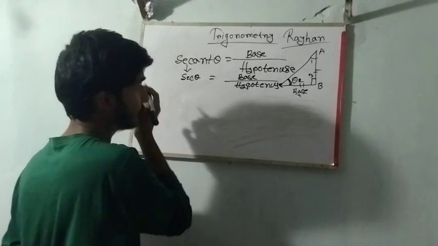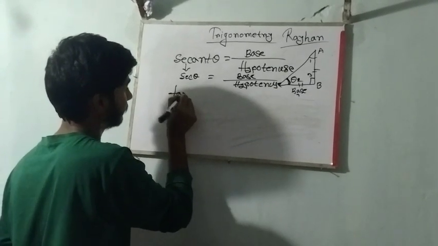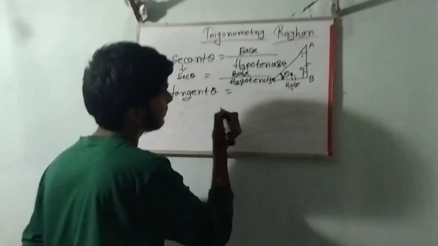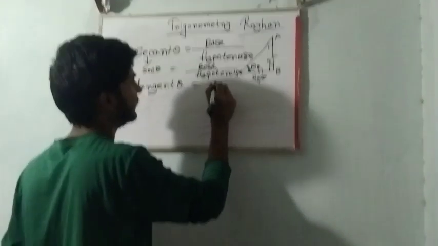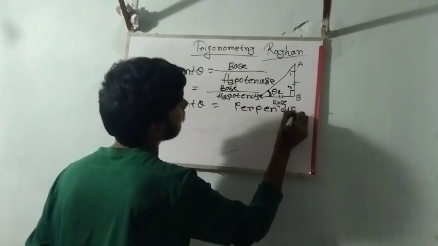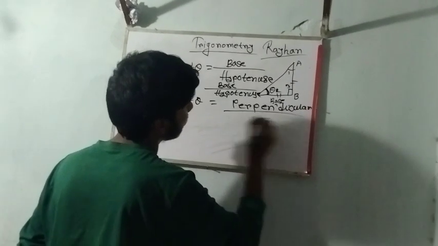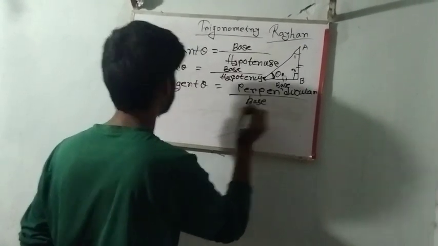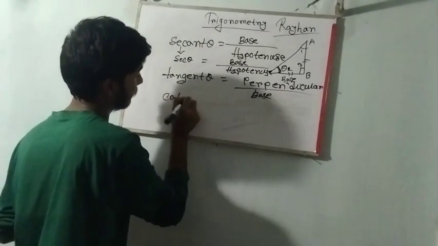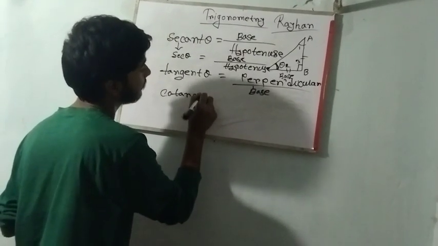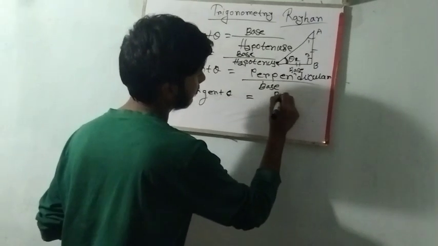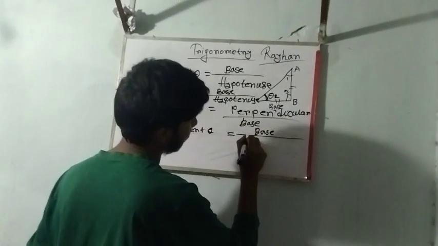And if we talk about the tangent, it is perpendicular divided by base, and the inverse ratio of tangent is cotangent. Cotangent theta is equal to base by perpendicular.